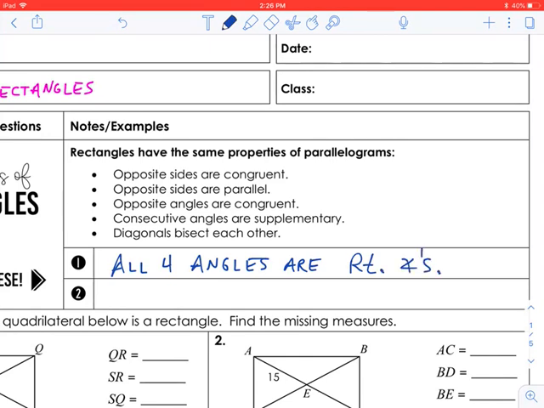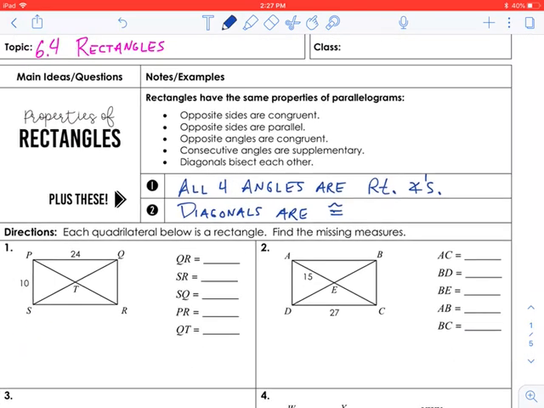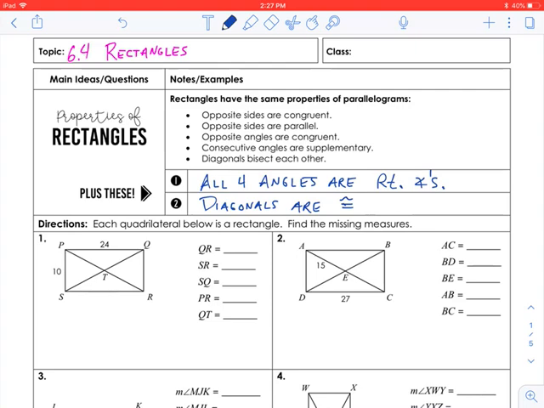And also, since all the sides are the same and they're right angles, that makes the diagonals congruent. So the diagonals are the same, or congruent. Okay? So, with that being said, let's look at a few of these.